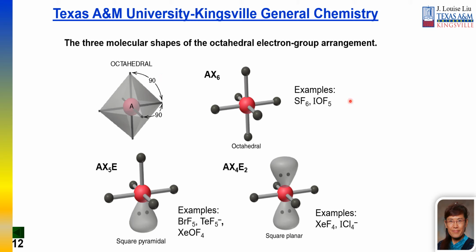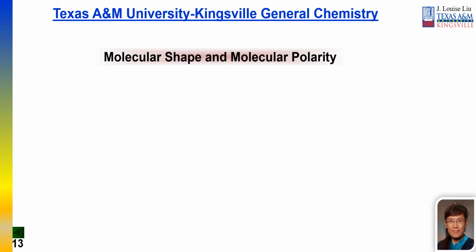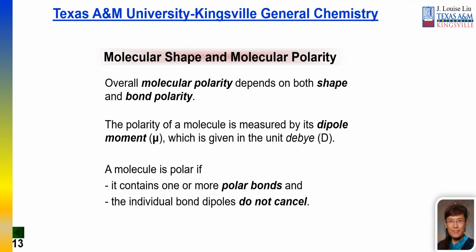There are 5 different structures based on the electron group arrangement, and then your molecular structures can be derived from these 5 different structures. Your molecular shape and molecular polarity are closely related to each other.